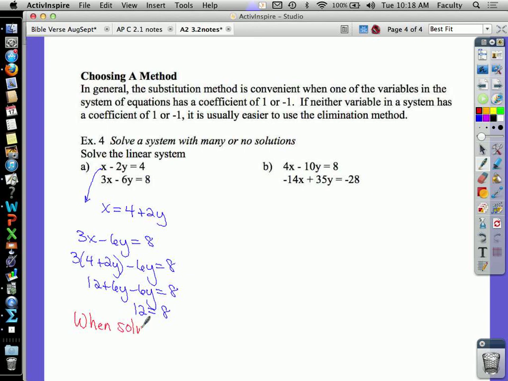When solving a system of equations and the variables drop out, there are two cases.